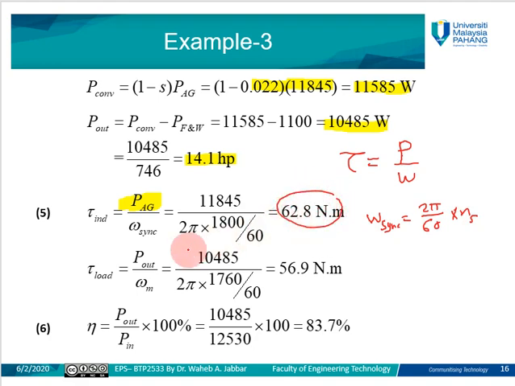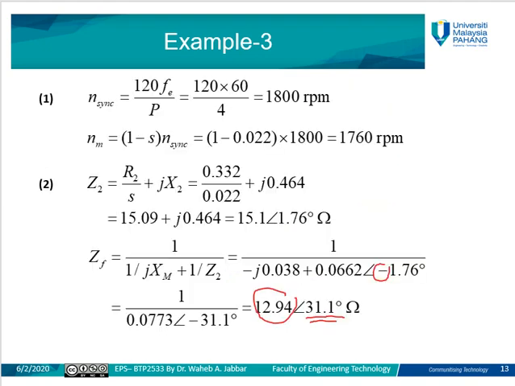In order to find the load torque, this P will become P out, and this omega will become the rotor or machine speed. So it becomes P out over omega m. The P out already calculated is equal to 10,485, and the machine speed is 1760, which we already calculated in the first part.